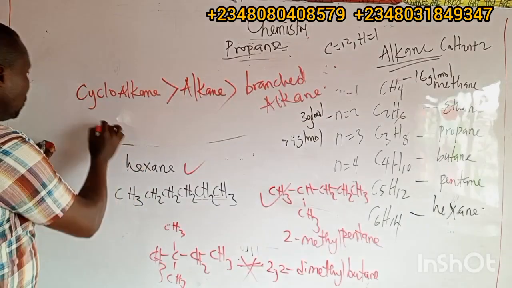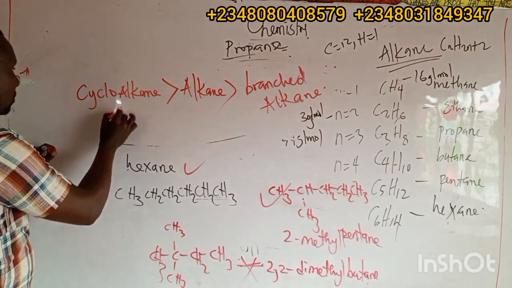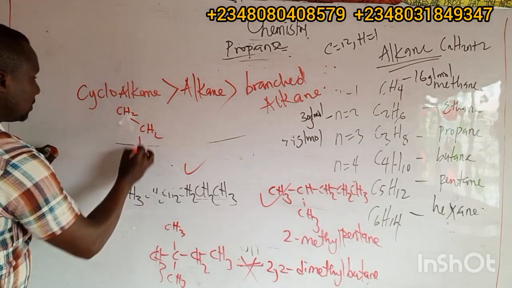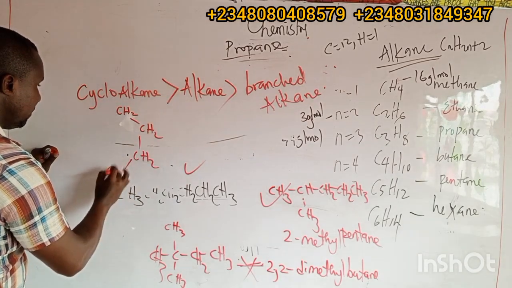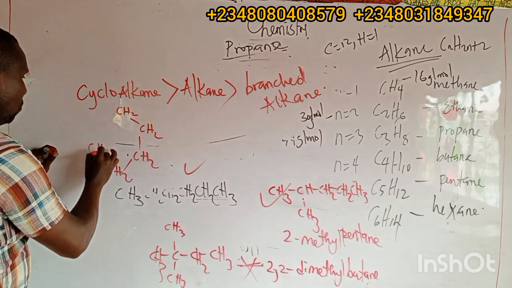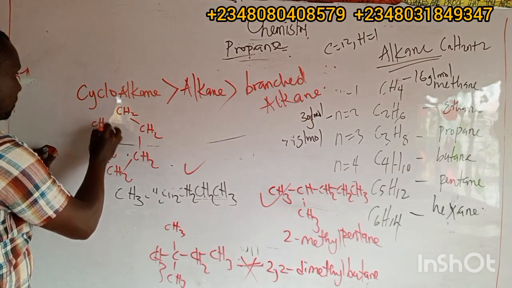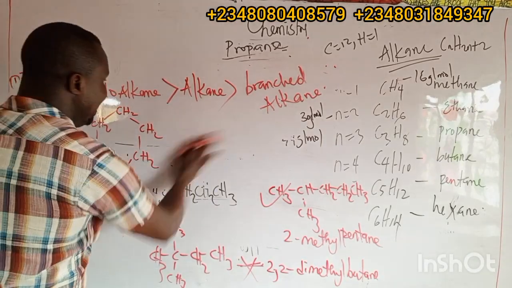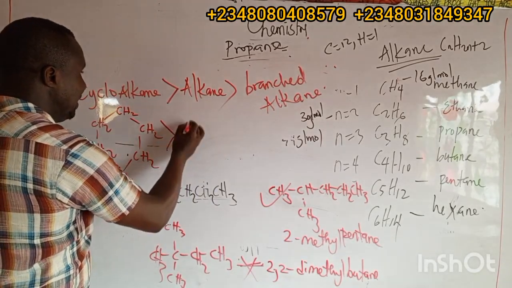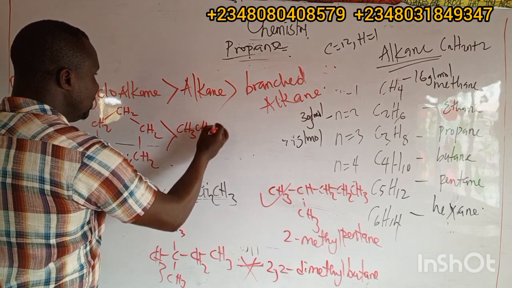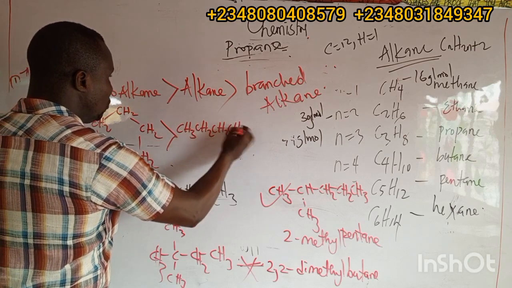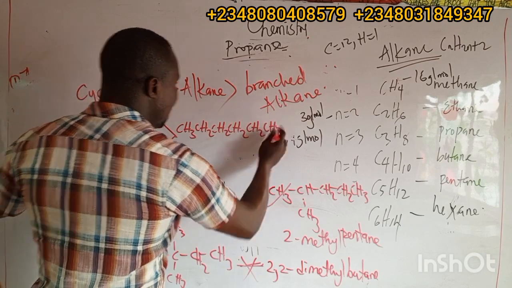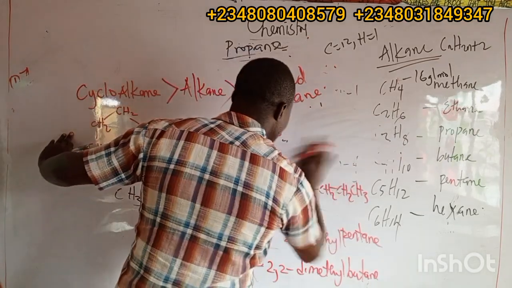When you have, for example, look at this. This one is cyclohexane, and this one is normal hexane: CH3, CH2, CH2, CH2, CH2, CH3.